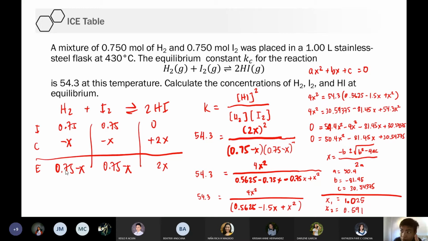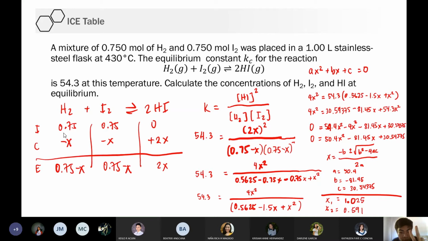Because if we deduct 1.025 from 0.75, we will get a negative concentration for H2 at equilibrium. Does that make sense? No, because there are no negative concentrations. So that's why we choose the x value that is less than the initial concentration.